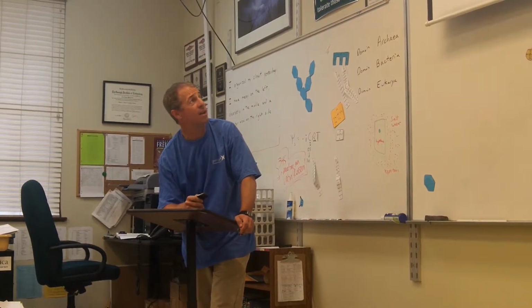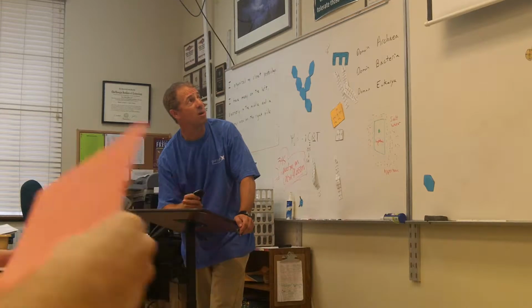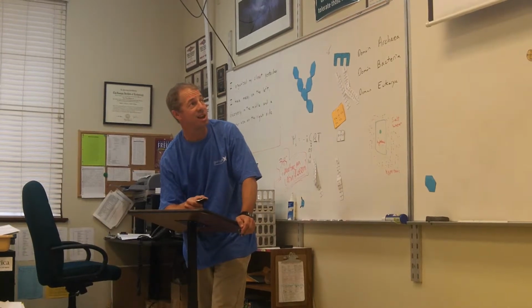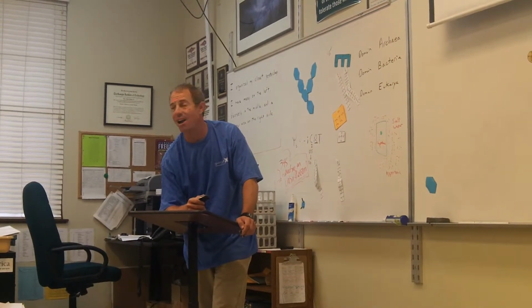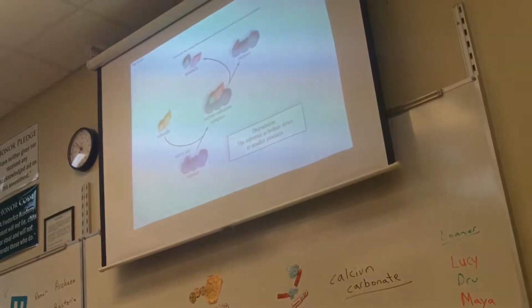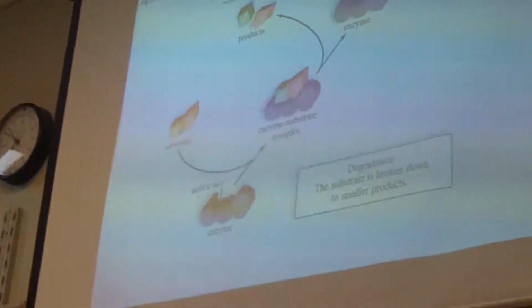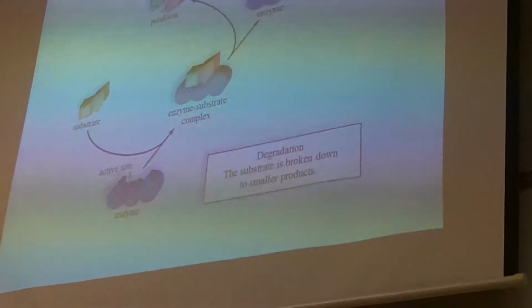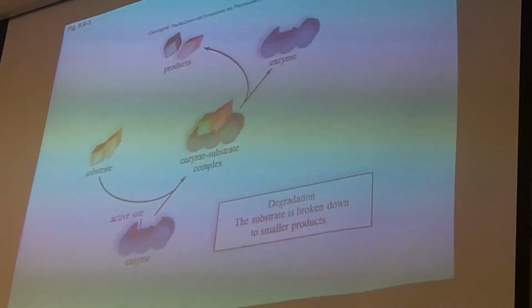This substrate could come apart into those products without an enzyme, but you would need a much higher activation energy. You would need something that can tear those things apart. You need to get them shaking real fast, maybe raise the temperature, and then they'd come apart on their own.